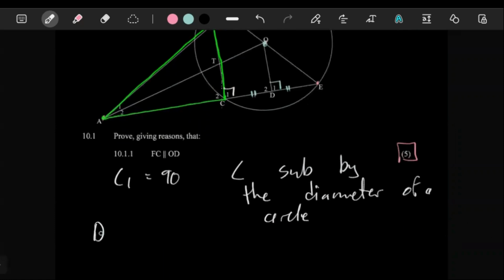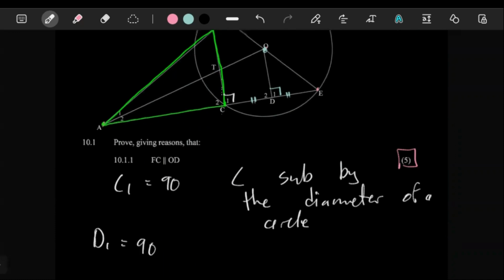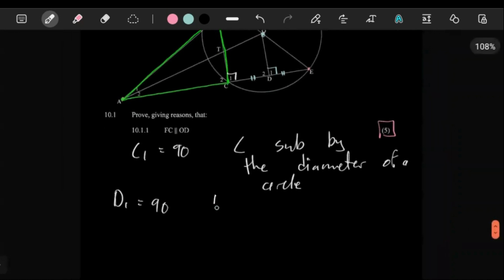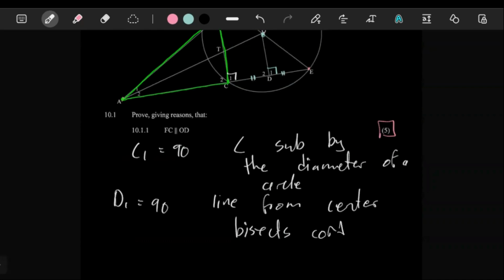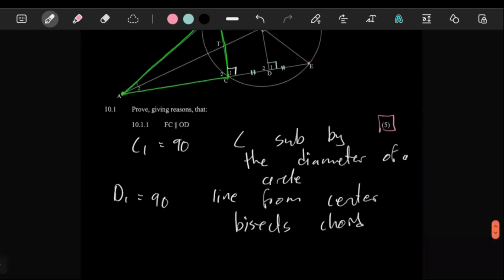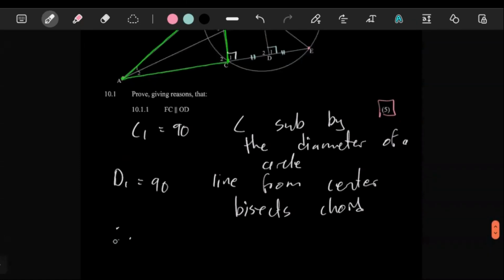We have to also tell them that D1 is equal to 90. So D1 is 90 because line from center bisects chord. I have to write chord better here. So we've just shown them that they're both equal to 90. So now we can say, therefore, C1 is equal to D1.